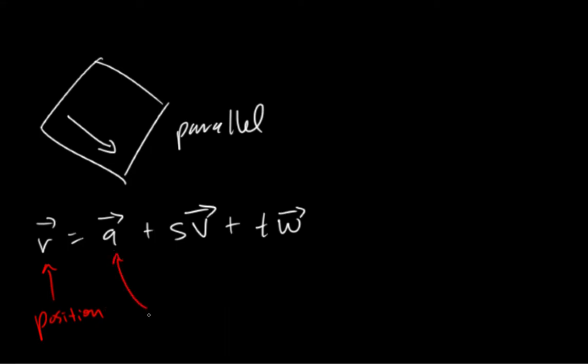So this is a known point. This is the position vector of any point on the plane. V and W are two non-parallel vectors. And S and T are real numbers.